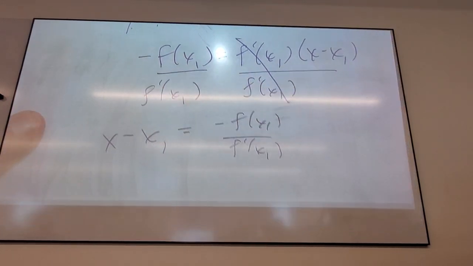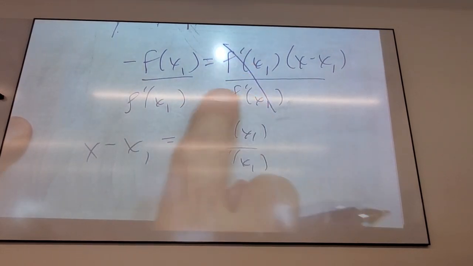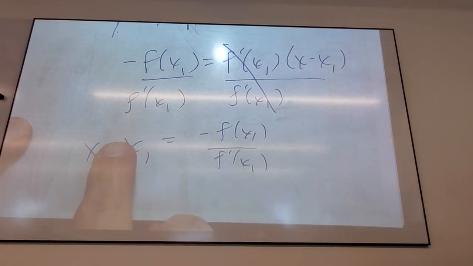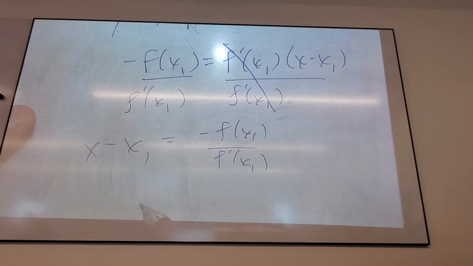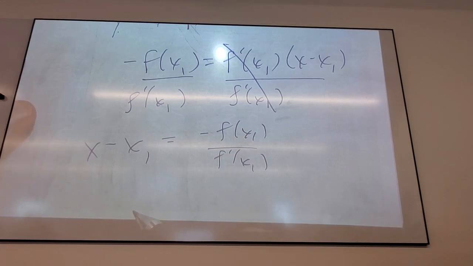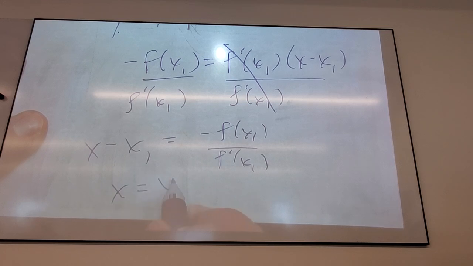So I divide by f prime, and I put that there, right? And then what's one last step to get x by itself? Just add x1. That's all I wanted to hear.